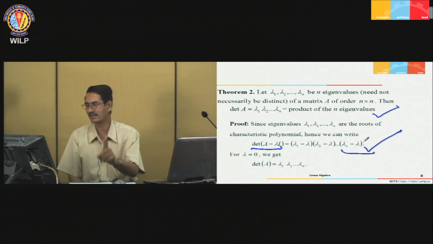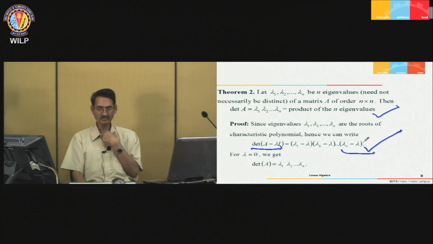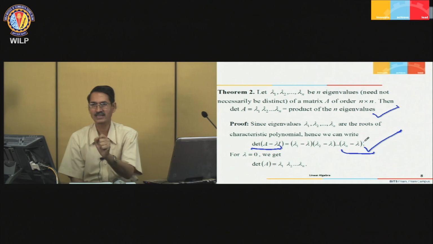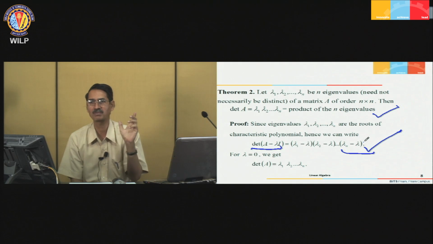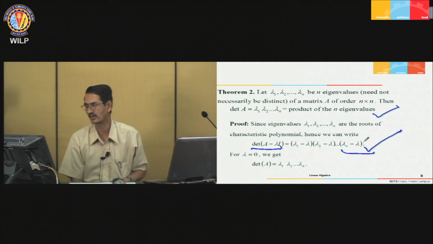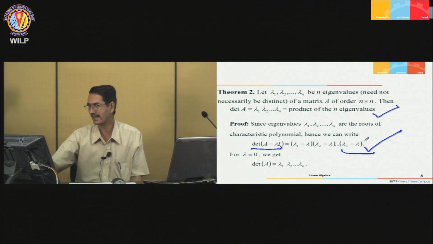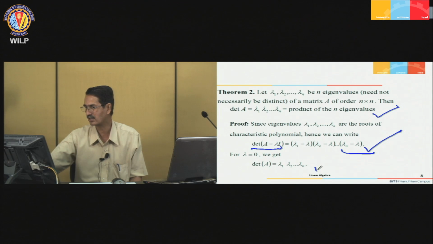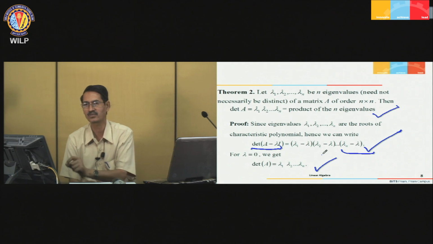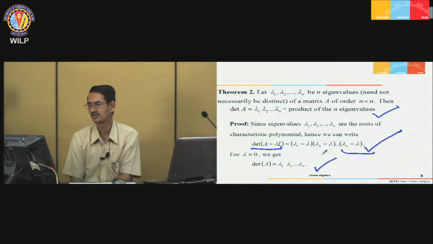It simply says that lambda 1 minus lambda is a factor of determinant of A minus lambda I, lambda 2 minus lambda is also a factor, and so forth. And if you substitute lambda equals 0 in this equation, we get that determinant of A is equal to lambda 1 into lambda 2 into lambda 3 and so on, into lambda n.